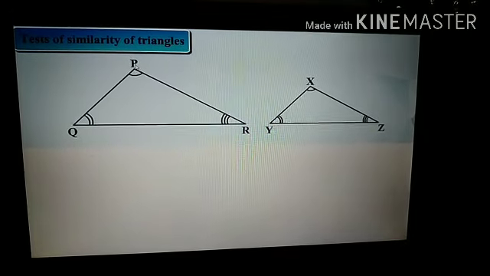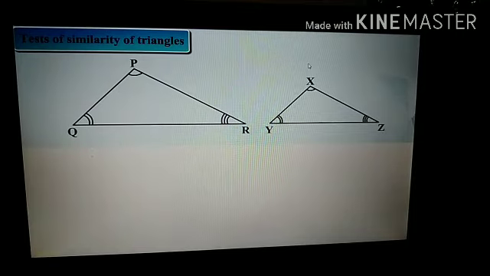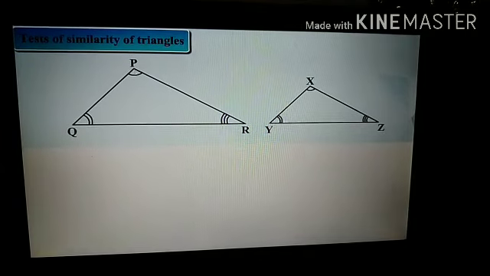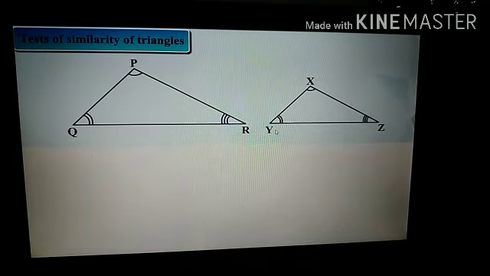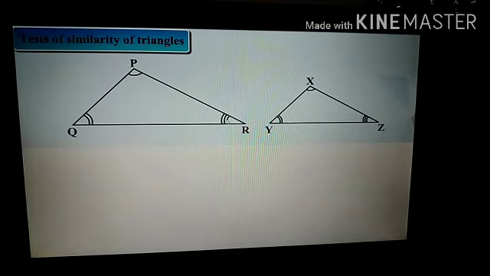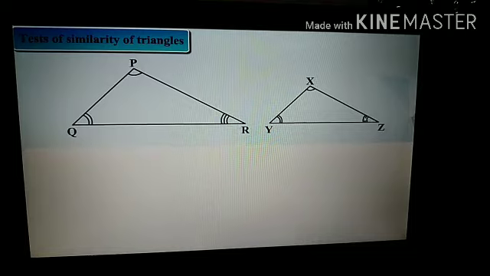So we can say angle P is congruent to angle X. Now look at angle Q, it has two curved lines, and angle Y also has two curved lines. So we can say angle Q is congruent to angle Y. Looking at angle R, we can see that there are three curved lines. Angle Z also has three curved lines.